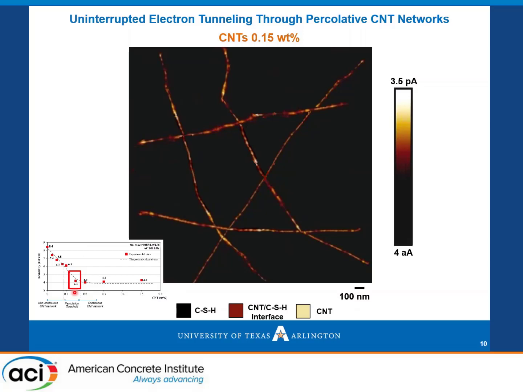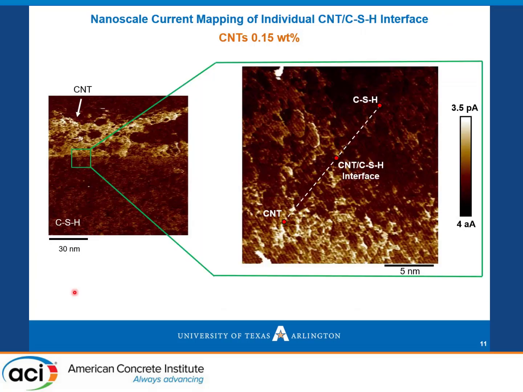And for this particular amount, we investigated the nanoscale current mapping for the 3 individual phases. Actually, here we see a current mapping of the cement paste reinforced with individual CNT at that particular amount, and we see this image here at the 30 nanometer resolution.